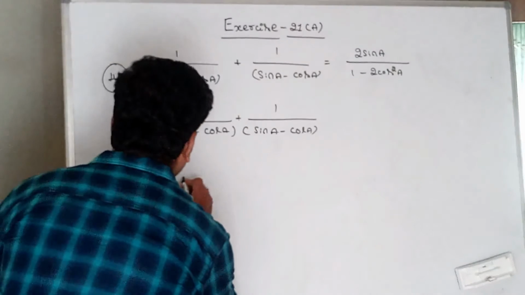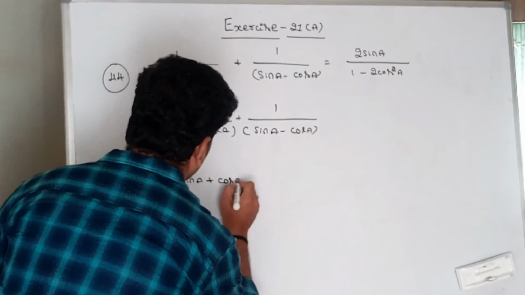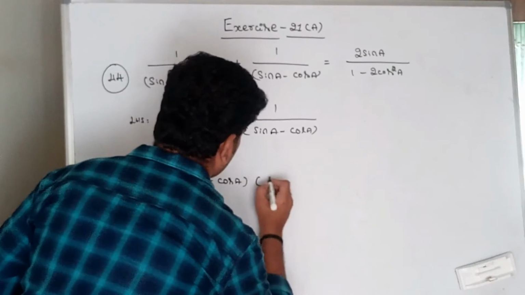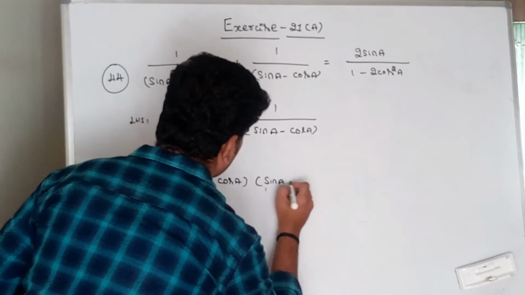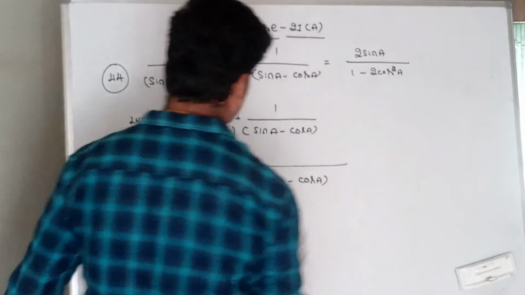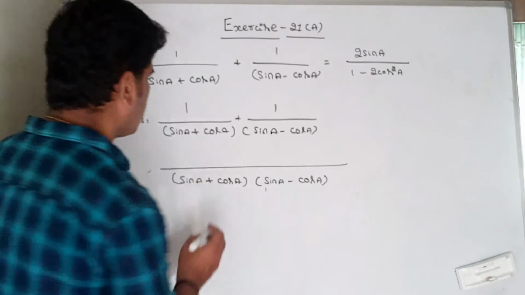Let's take this: (sin A plus cos A) into (sin A minus cos A). This is the LCM. Now see, sin A plus cos A gets cancelled.